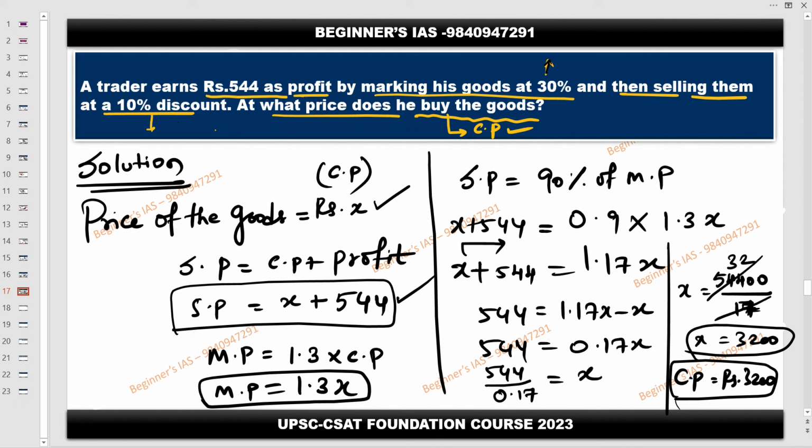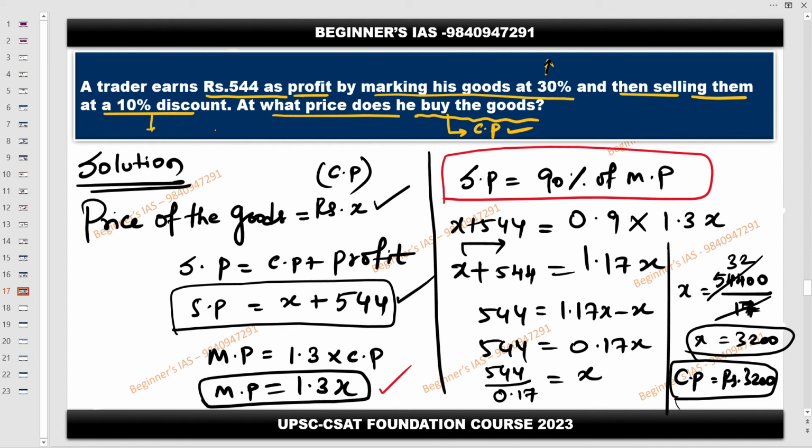If you are giving the 10% discount with respect to the MP, obviously the selling price is 90% of the market price. Deriving this is very important. Since 10% is the discount, therefore 90% of MP. So 90% is nothing but 0.9 into 1.3x.